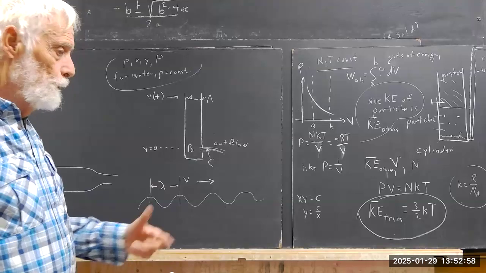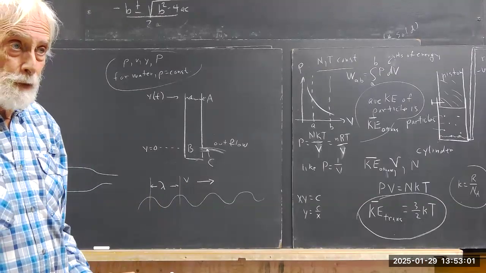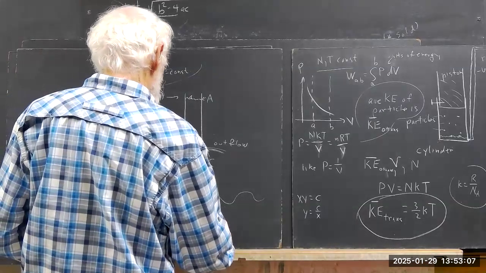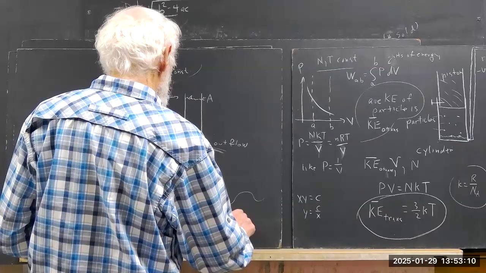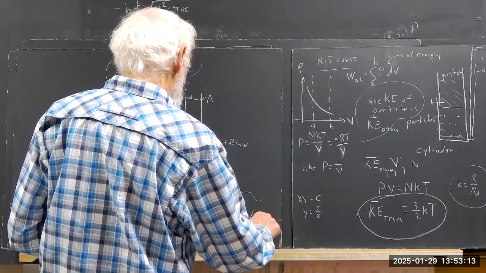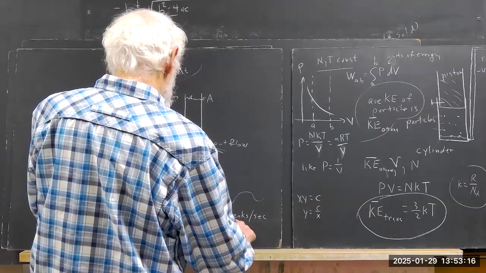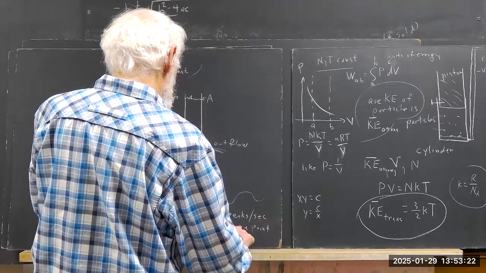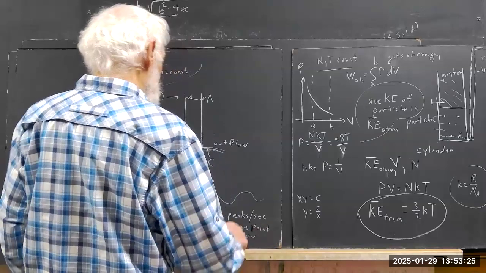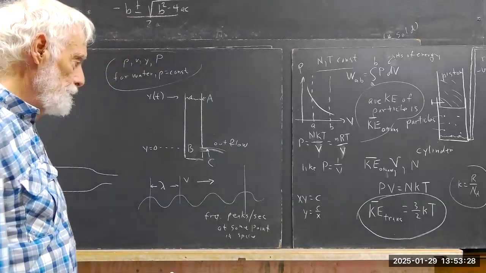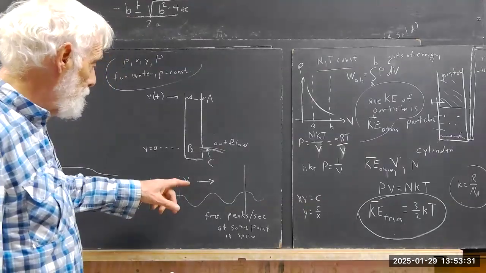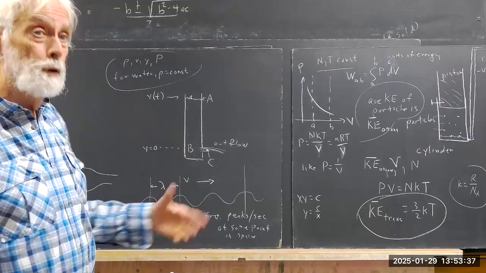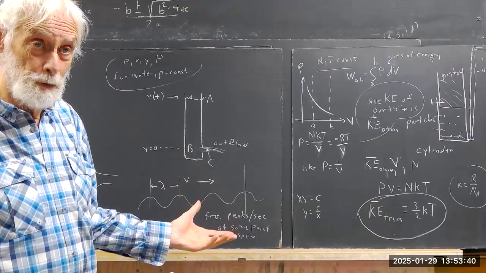V and lambda are related to the frequency. Frequency is how many of these per second, right? Some point in space, right there's your point of space. See? So if you know the speed and how many peaks per second, you can figure out how far it is between peaks. Trivial. Or very nearly so.